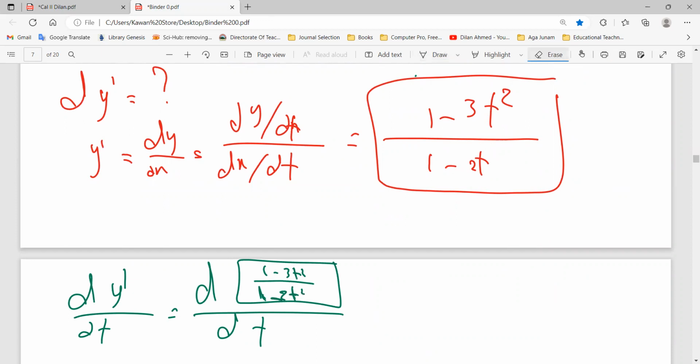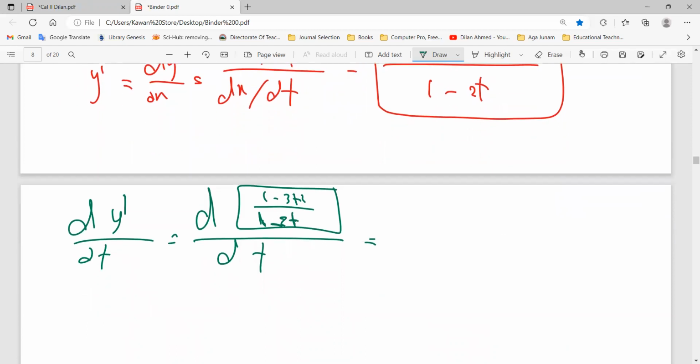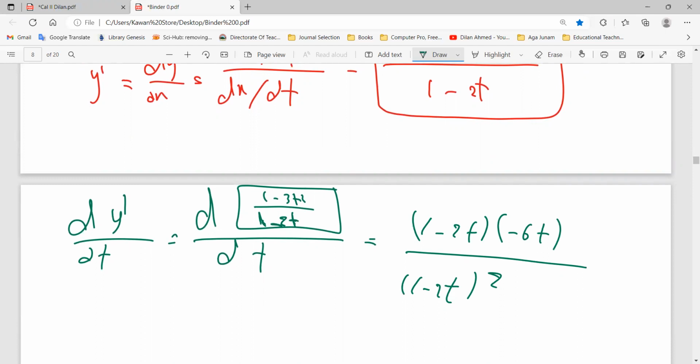Am I right? Okay. So equal to what? Denominator squared. Denominator times derivative of numerator, minus numerator times derivative of denominator. Am I right?